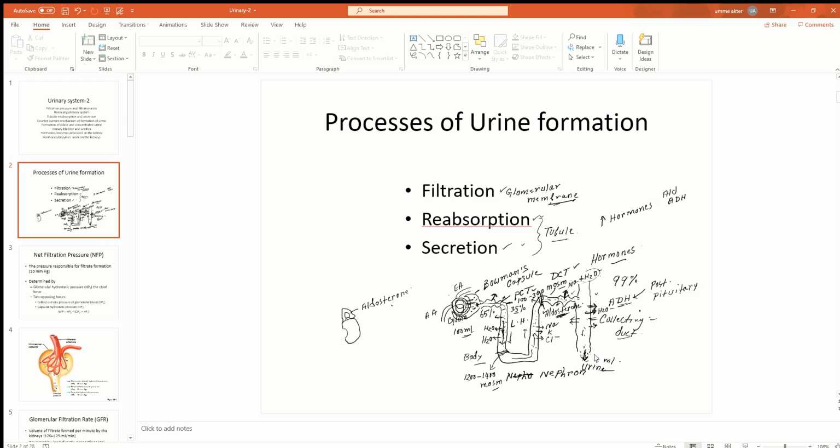That means more water and sodium reabsorption, and that means increased blood volume.